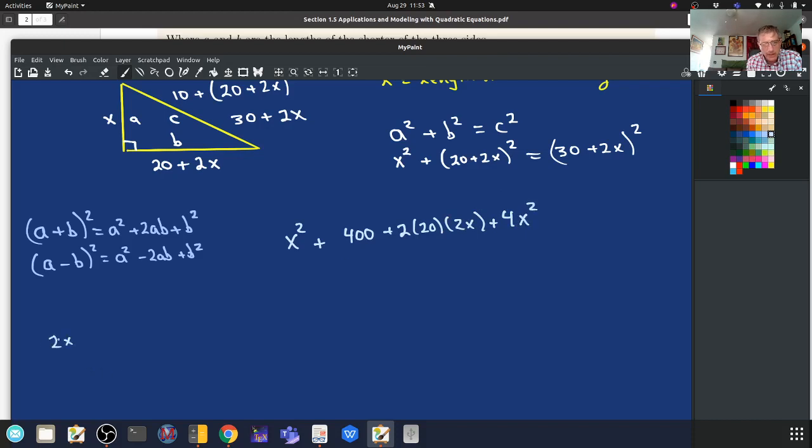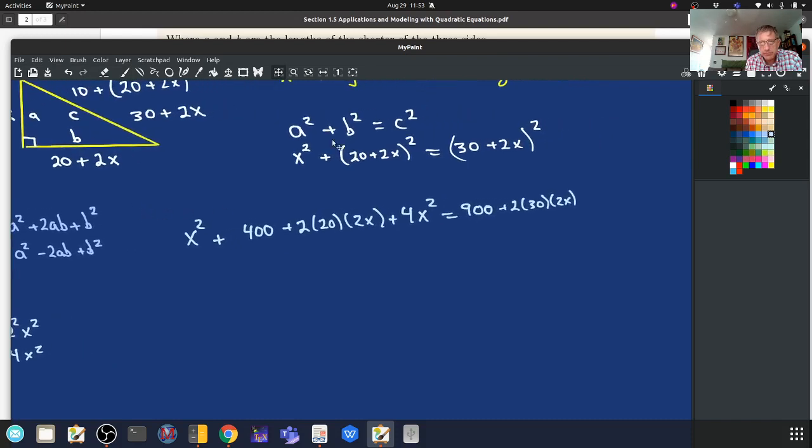Remember, 2x squared is equal to 2 squared times x squared, which is equal to 4x squared. Over here, 30 squared is 900, plus 2 times 30 plus 2x, plus 2x squared, which is 4x squared.